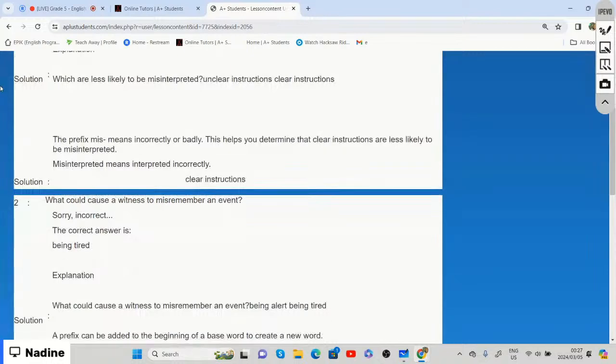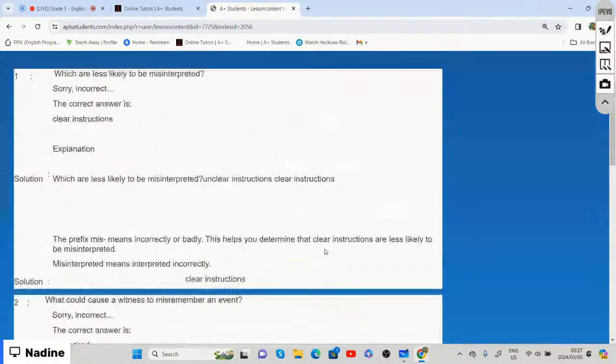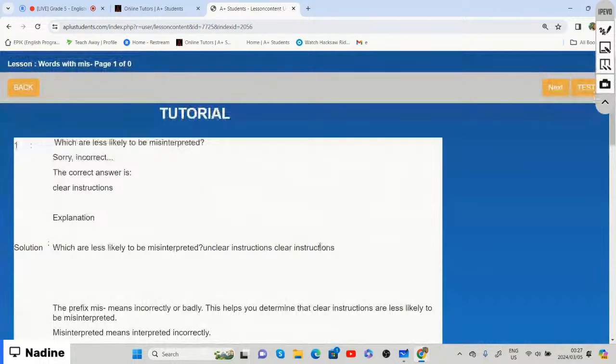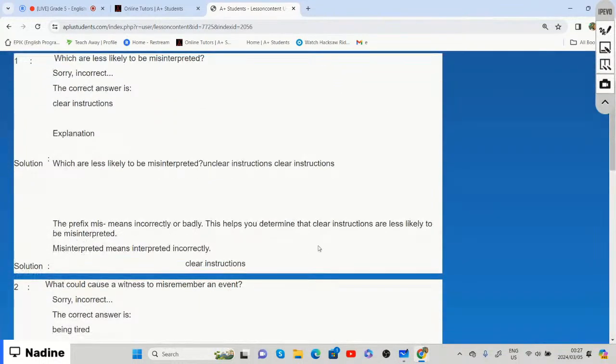So basically, knowing the meaning of a prefix can help you to determine the meaning of a word. And we say the prefix miss means incorrectly or badly.